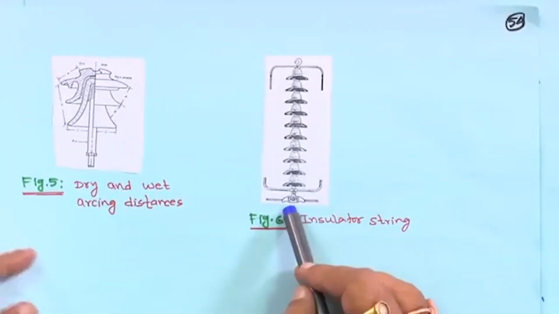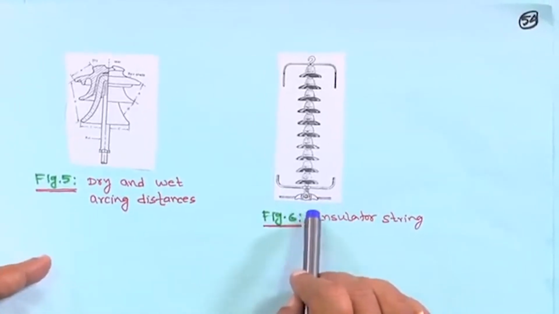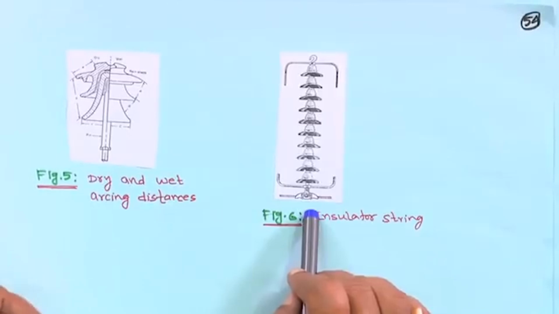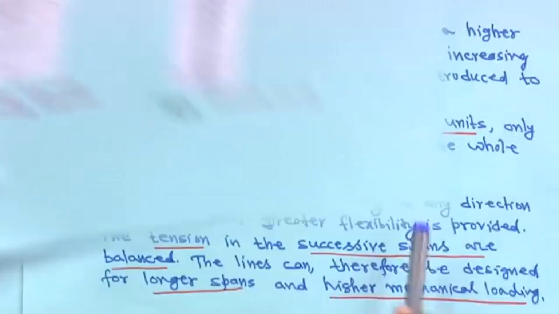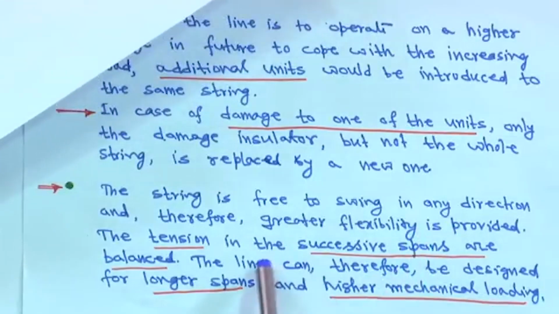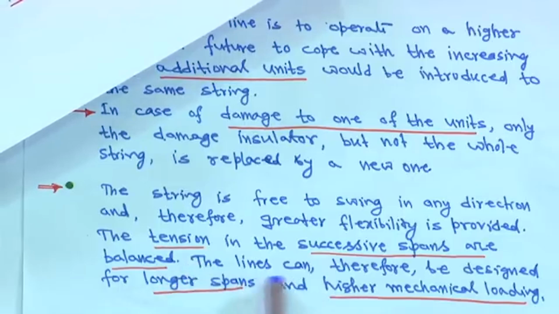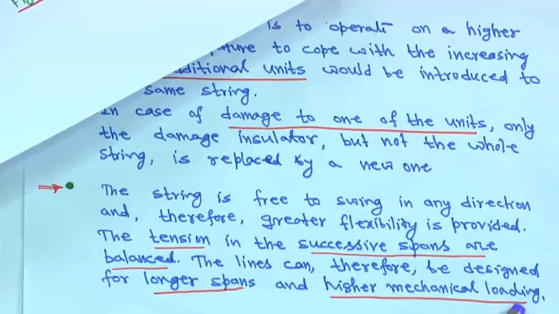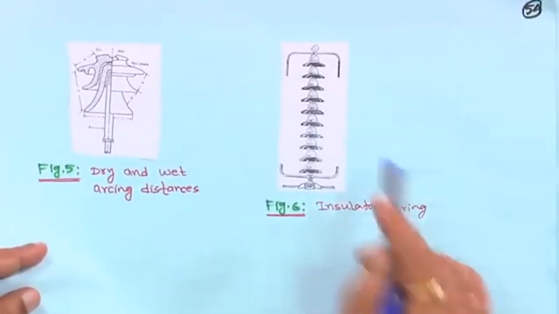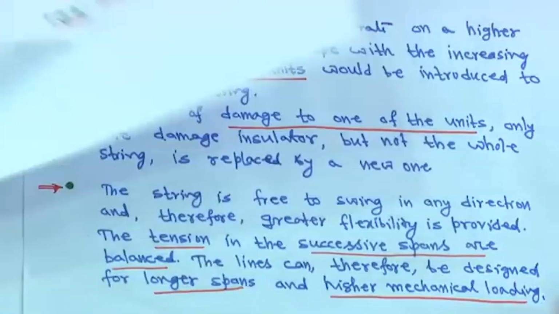Of course, another aspect is the sag and tension, which we will see later, maybe in the fourth or fifth chapter. But therefore the tension in the successive spans is balanced, so the lines can be designed for longer spans and higher mechanical loading. These are the advantages of the suspension insulator.